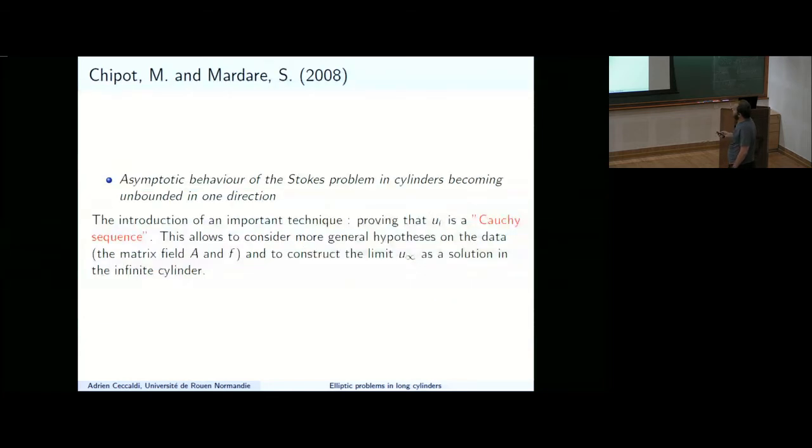This one does not have much to do with the exact problem, but still has a great importance because they introduce this technique, which is to consider U_L as a Cauchy sequence, so that we can take some more general assumptions and construct the limit to infinity.